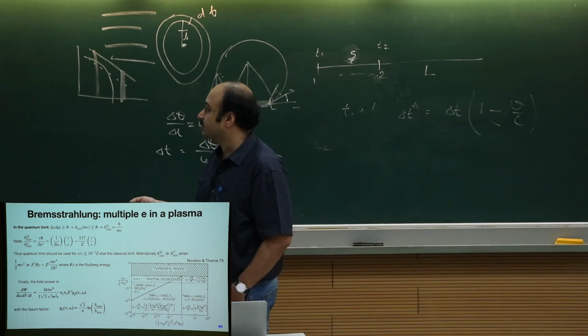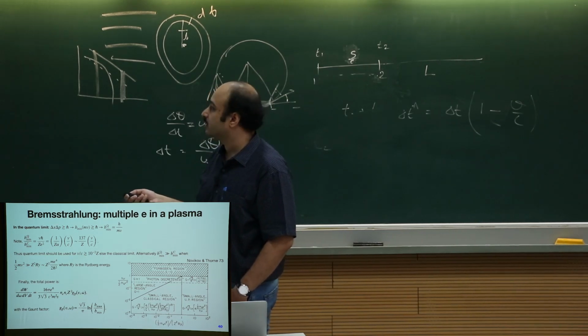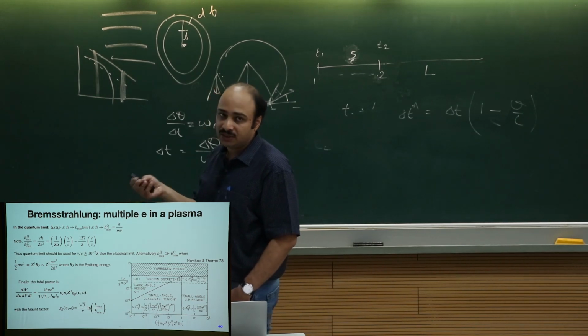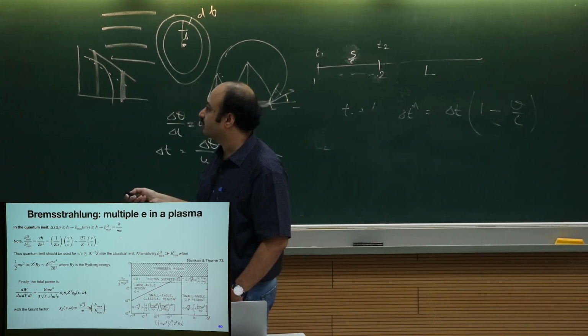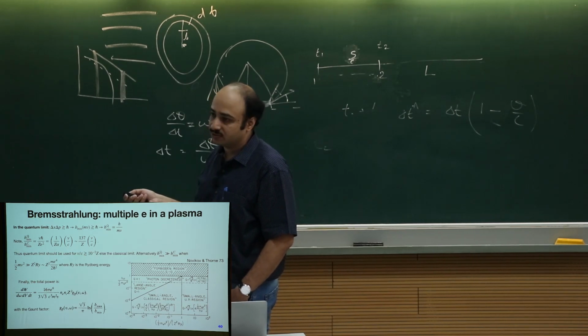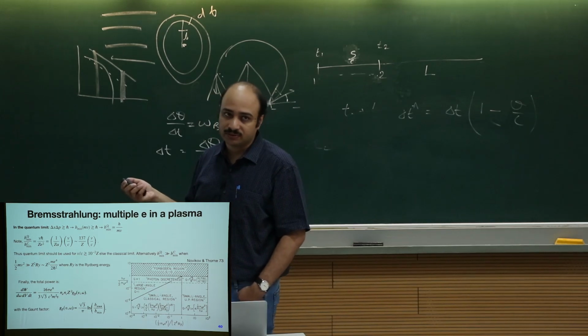The other is the uncertainty principle: delta x, delta p greater than h bar. We want delta x, and p is the momentum of the electron. We get a natural limit to it. The ratio of these two different limits of the b min is v by c. So if the velocities are non-relativistic, you use one; if the velocities are relativistic, you use the other.